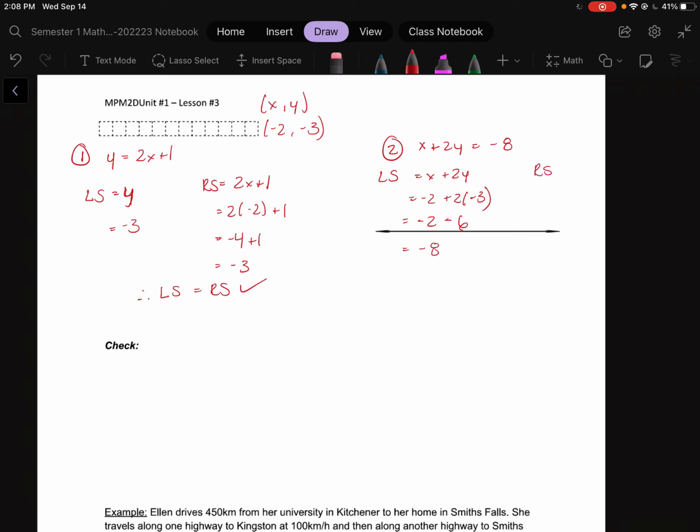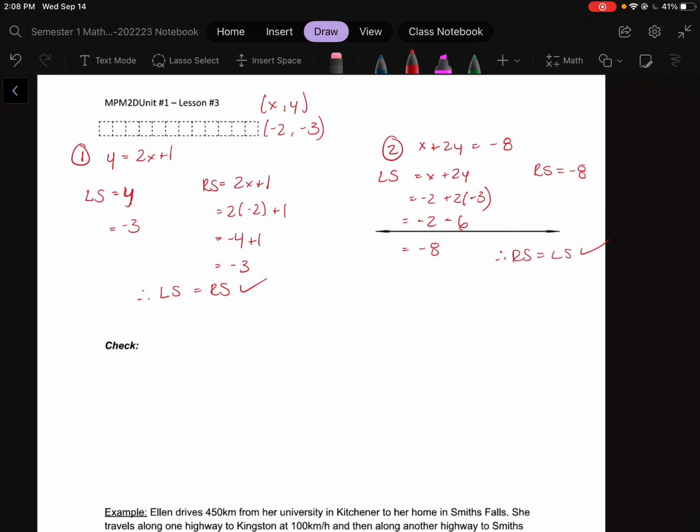And then our right side was -8, and therefore right side equals left side. Therefore, we know that our answer is correct. Okay, so that is a great example in order to understand how to graphically solve systems of linear equations. Make sure you're always checking your work. That's what I did there. I don't know why it's a little bit wonky, but that is a-okay.